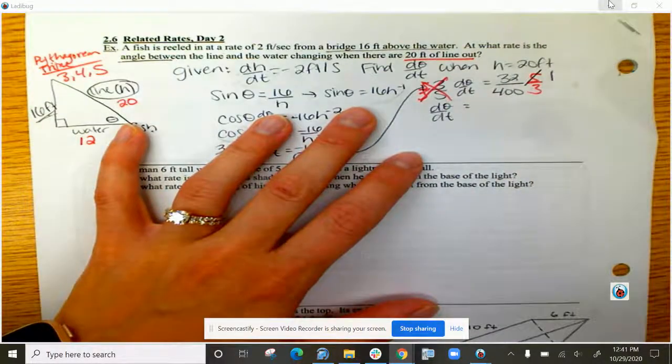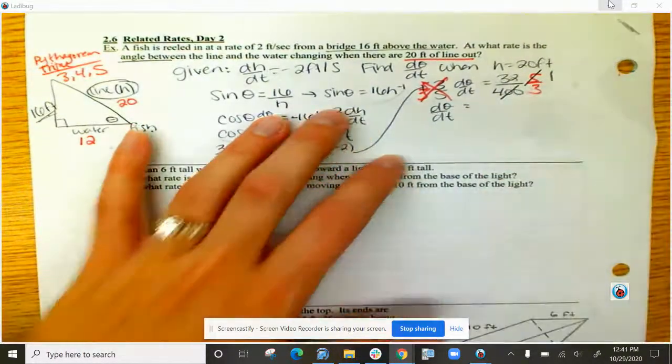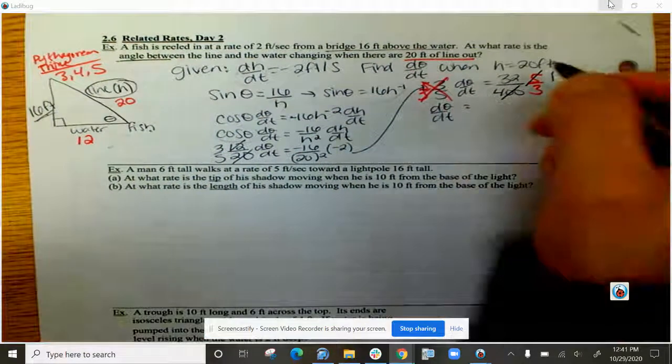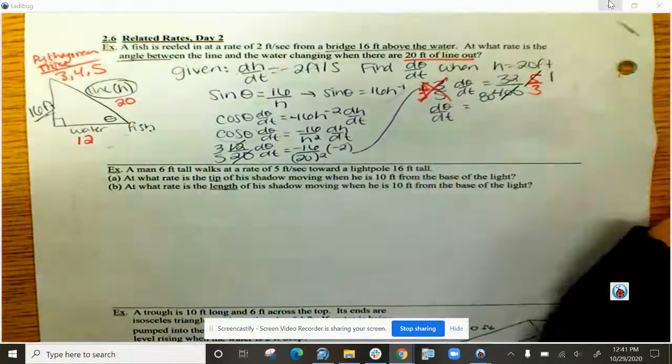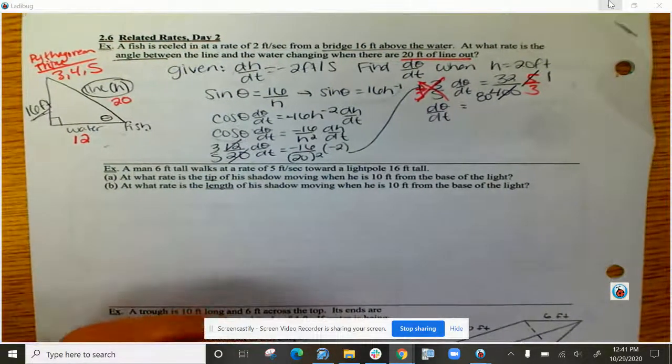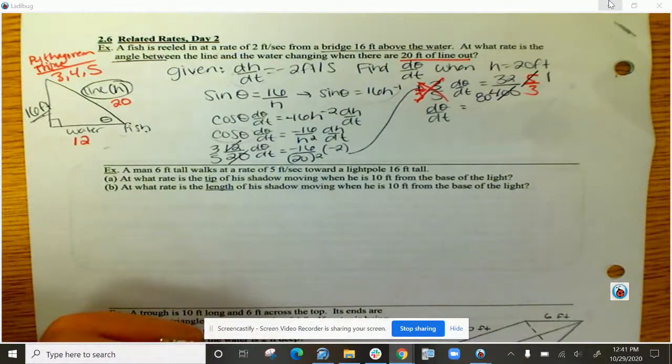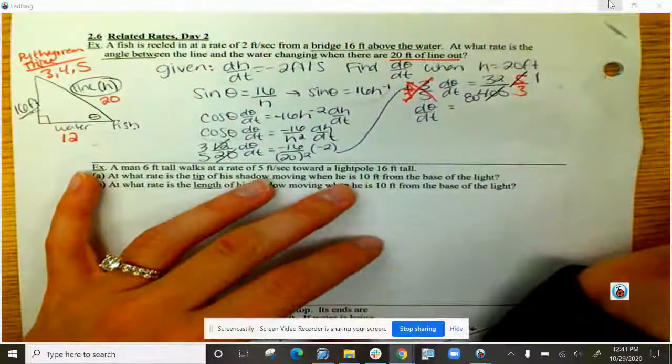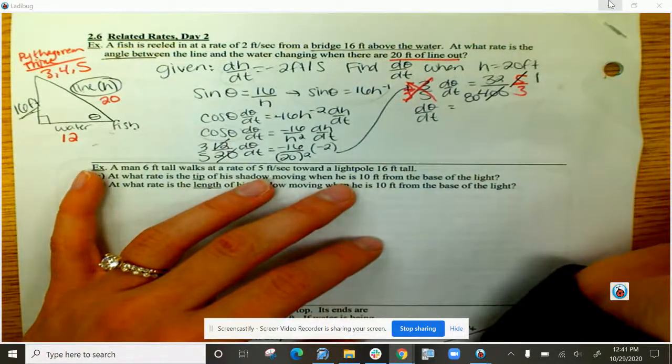So 5 divided by 5 is 1. 400 divided by 5 is 80. So I've got that. And then I can probably simplify a little bit more with the 32 and the 80 if I want to. So I can divide these both by 8.